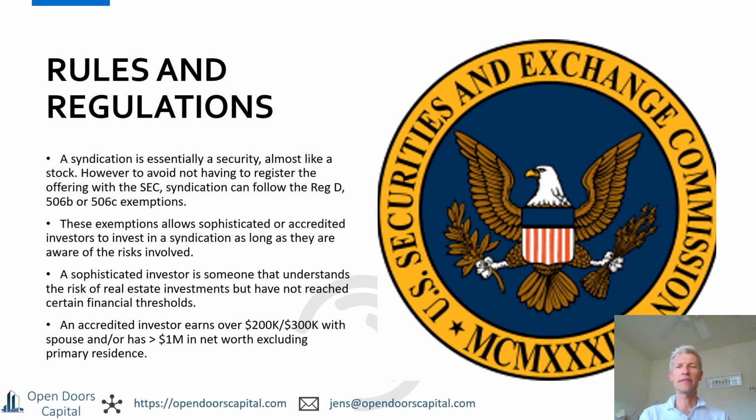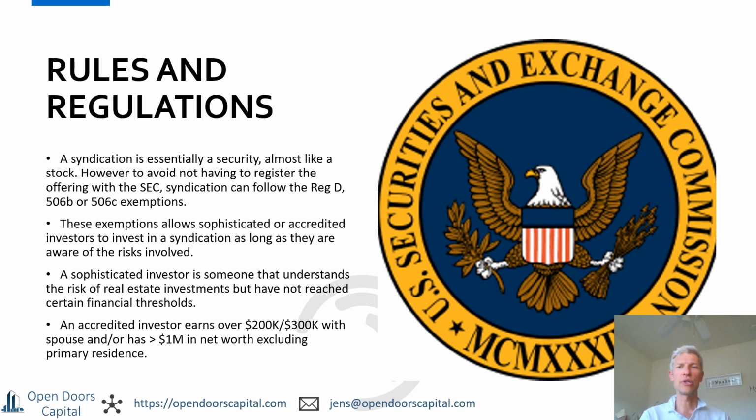So this is a little bit technical, but let's go into the rules and regulations around a syndication. A syndication is essentially a security, like buying stocks in a company. However, you don't do a public offering, because that's very expensive and takes a long time, and for a $10 or $20 million deal that doesn't make sense because of the cost and time involved.